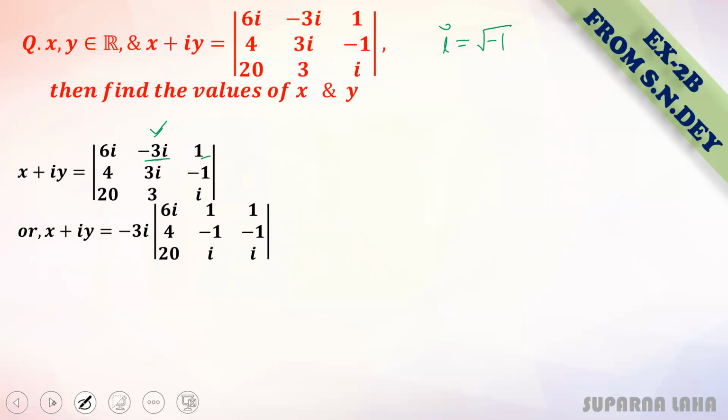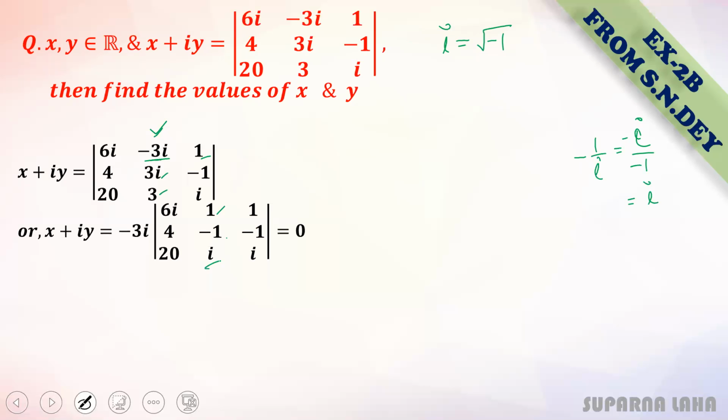If we take minus 3i common, it will be 1 minus 3i from this one, so there will be minus 1. And if you take minus 3i common, this term will be minus 1 upon i. Just multiply this numerator and denominator by i, so you will find this value is minus i by minus 1, that means i only.